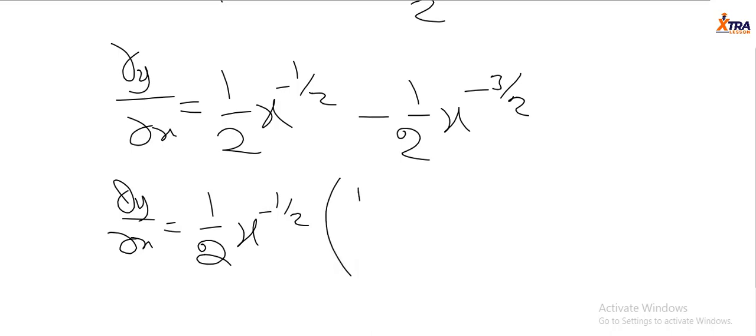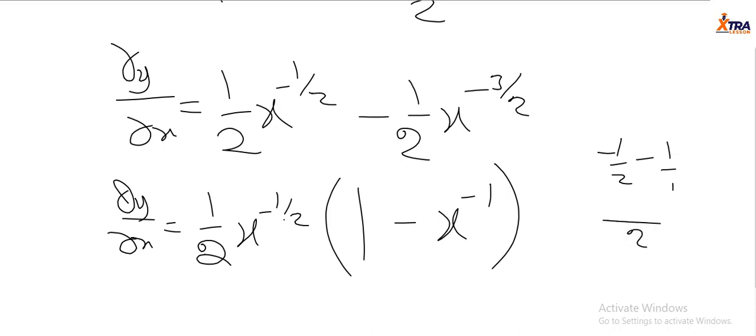So in the bracket, I'll be having 1 minus x to the power minus 1 over 2 minus 1 over 1. So that'll be minus 1 minus 2, minus 3 over 2.